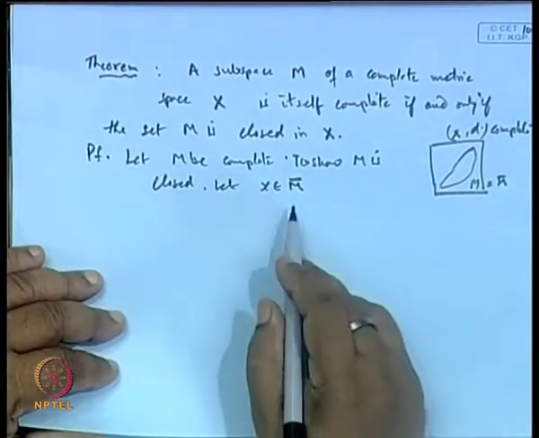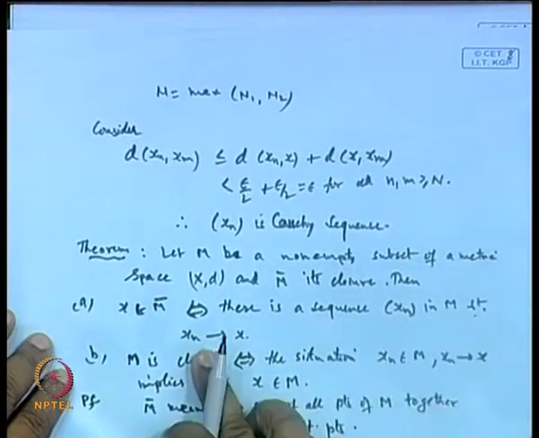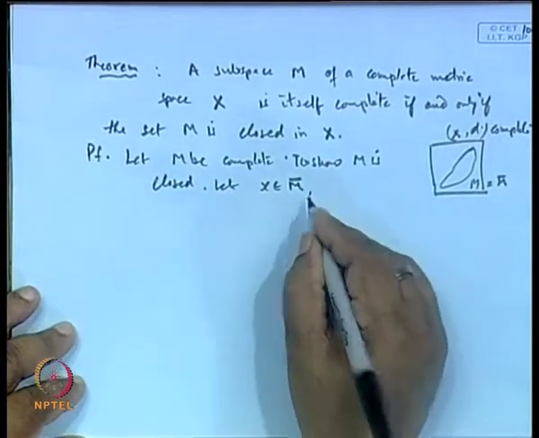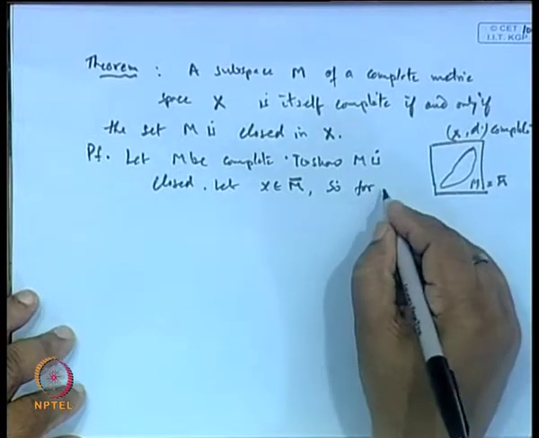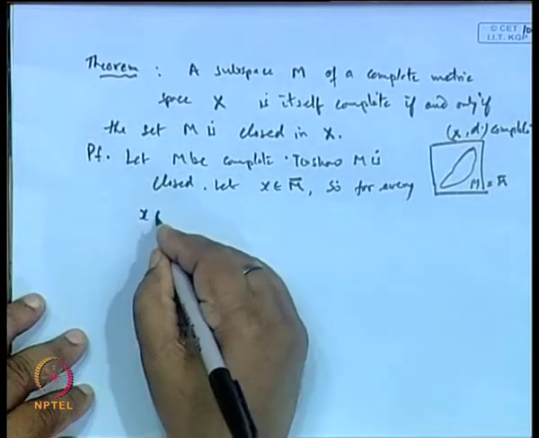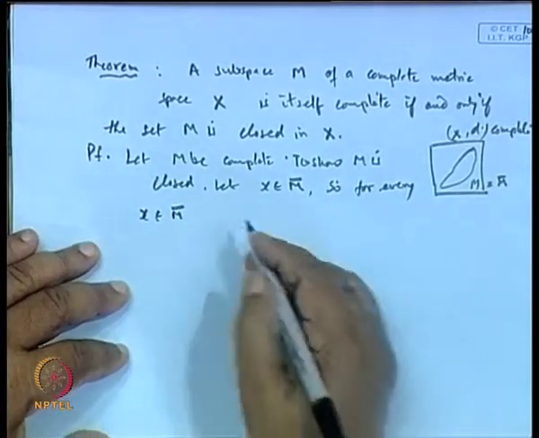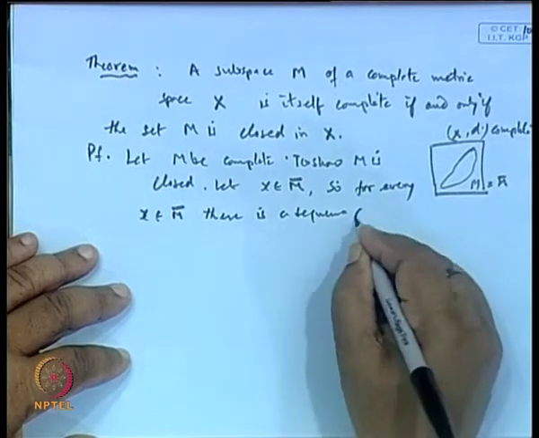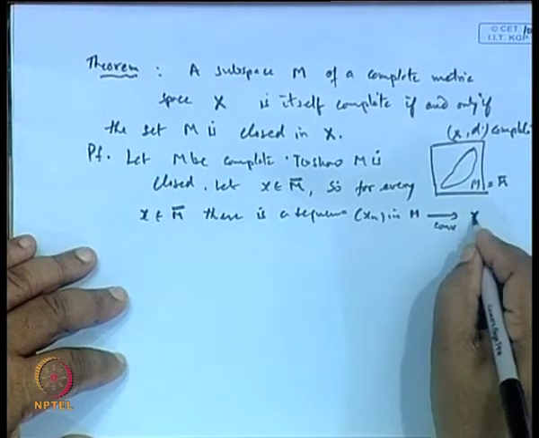So, suppose x is a point in M bar. By the previous result, if x belongs to M bar, then there is a sequence x n in M which converges to x. So, for every x belonging to M bar, there is a sequence x n in M which converges to x.